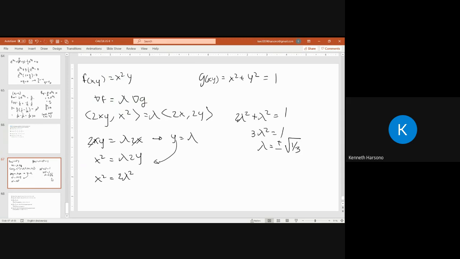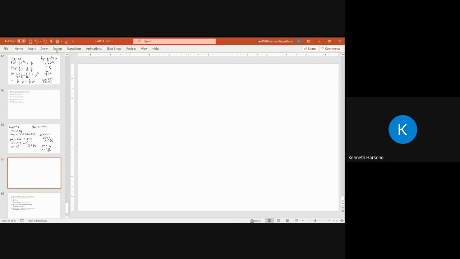Right. And we can just substitute this one into this one. So y is also plus minus square root of 1 over 3. And x squared is 2 times lambda squared, so this one is 2 over 3. So x is plus minus square root of 2 over 3. Okay, and then we need to check all of these combinations.